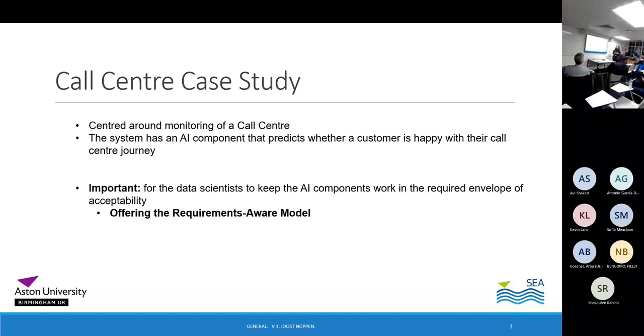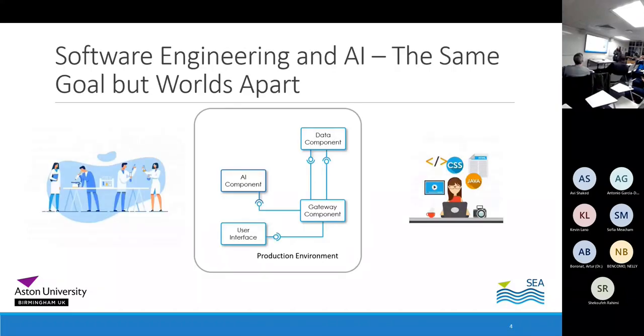For this purpose, we had a couple of meetings with the data scientists at BT, and we went there and had some discussions. We were told that we would be provided with some data to work on. While having discussions with the data scientists, something that Dr. Joost would have mentioned in yesterday's presentation applies: software engineering and AI, the same goal, but worlds apart.